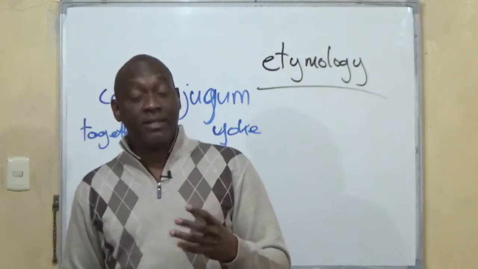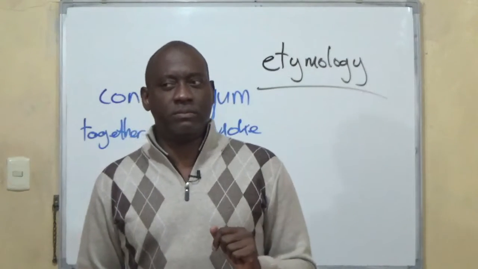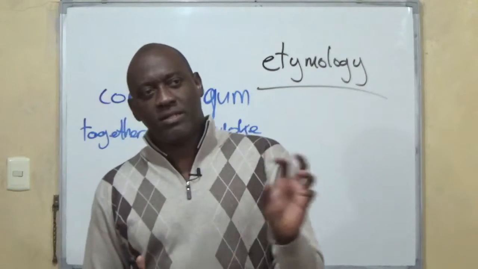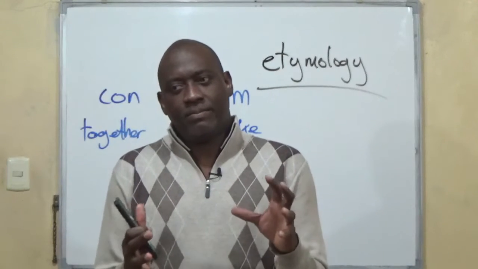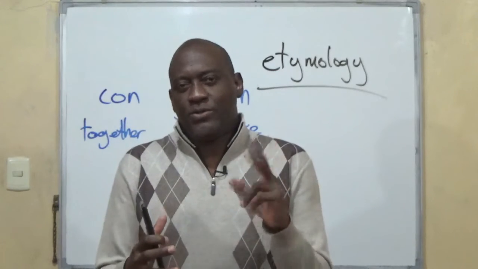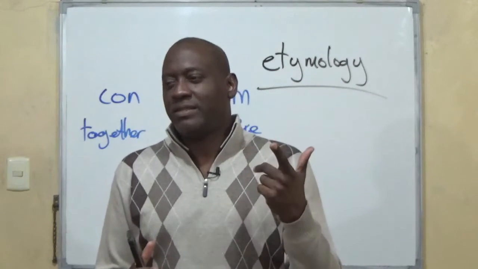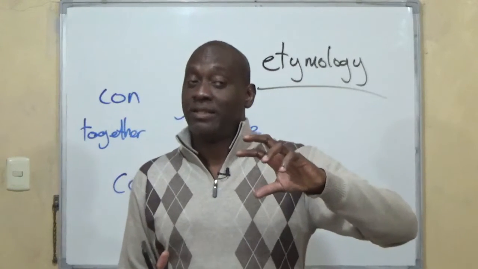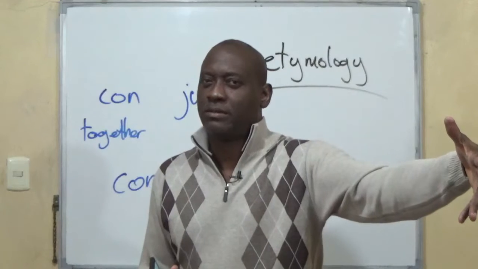Suffice it to say that in every context in which the word conjugate appears, there is the concept of things joining, and it's usually two things. Two things joining, and they usually join to create something else.